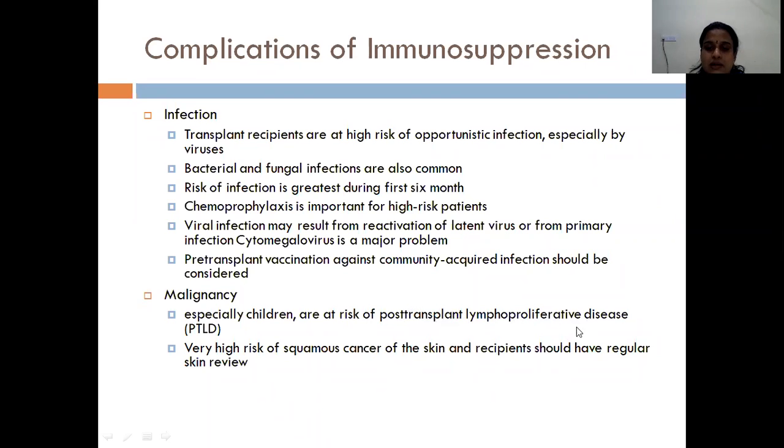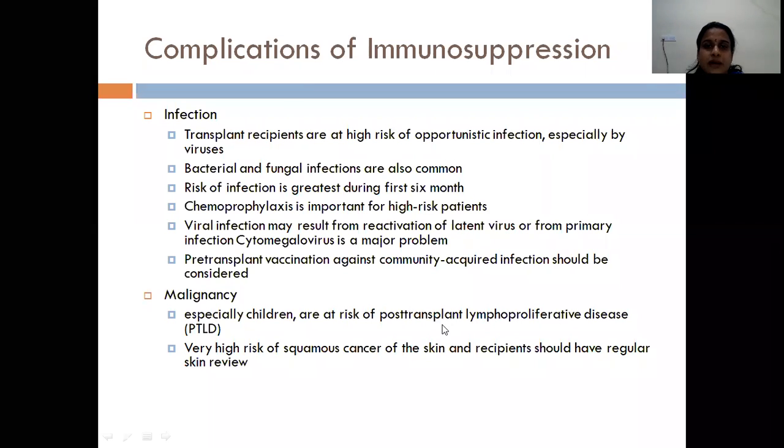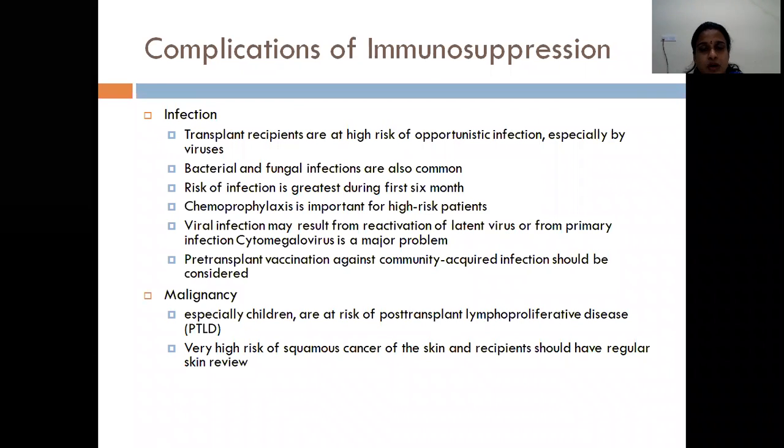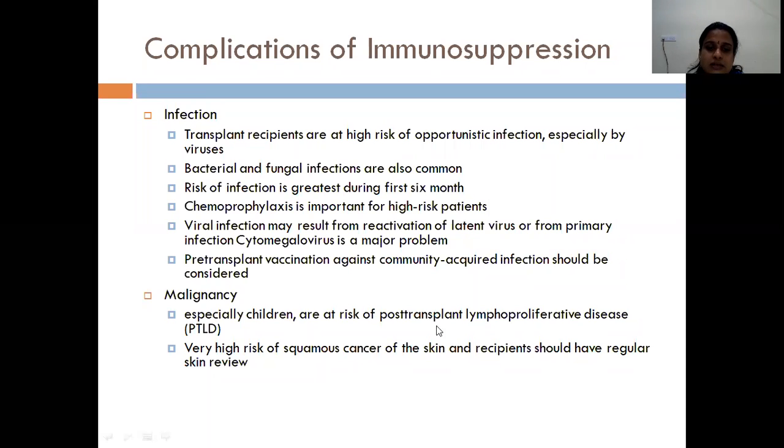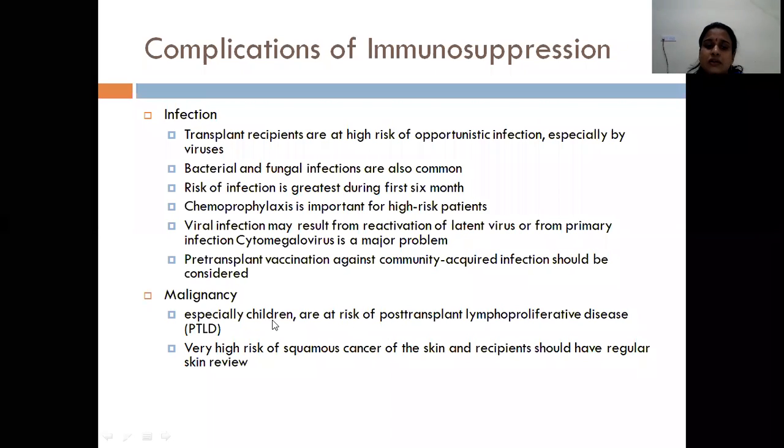This is a vast disease complex that may involve any part of the body, from the central nervous system, which carries a poor prognosis, to the GIT or the skin. It is a highly fatal complication, especially seen in children.